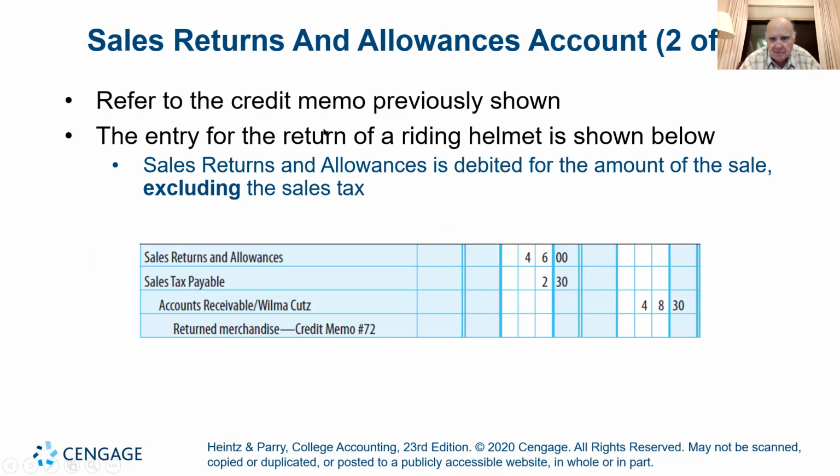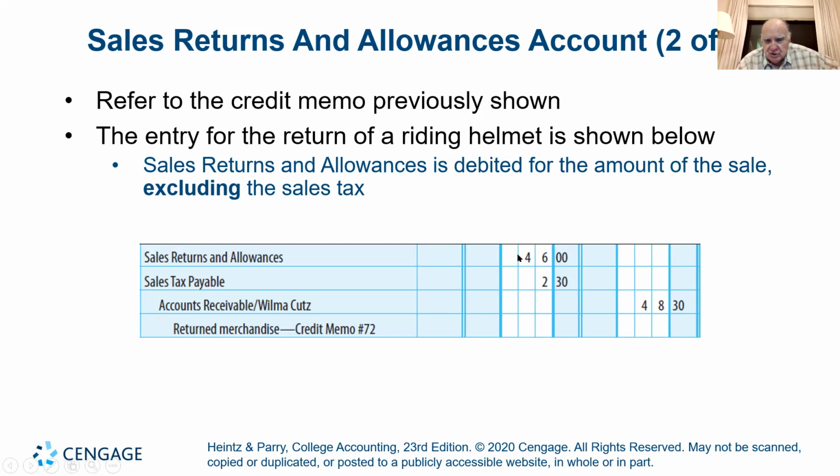So here is a credit memo, meaning we gave this customer permission to return the product. We had charged Wilma Cuts $48.30. That's what we had debited. Now we're crediting that because she no longer owes us the $48.30.